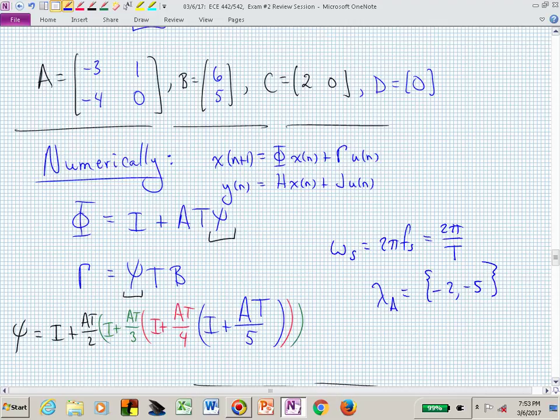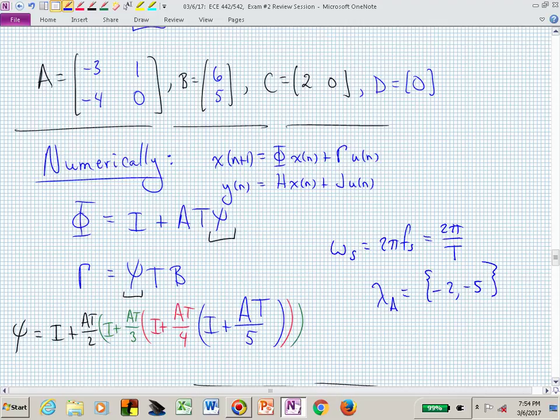Well, I have omega sub s, and now you're giving me negative numbers. What are you doing to me? Now what do we do? Those are associated with poles in our system, correct? We have a pole at -2 and we have a pole at -5. And somebody asked in the quiz, which of these poles dominates the behavior?